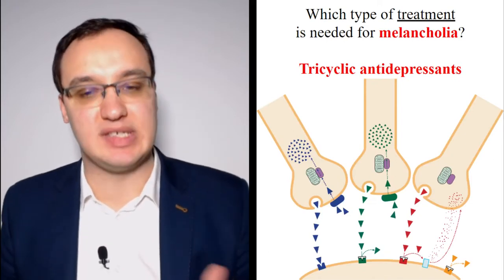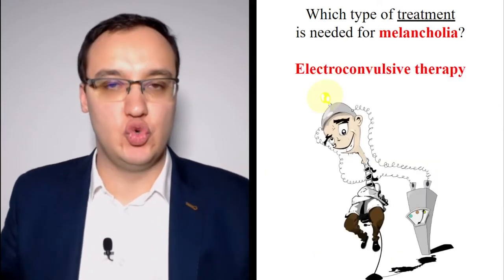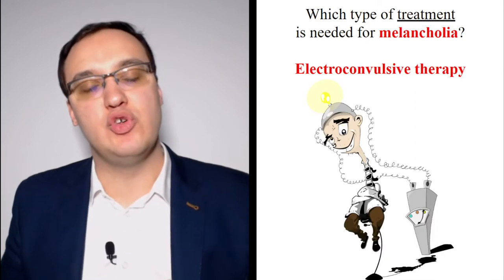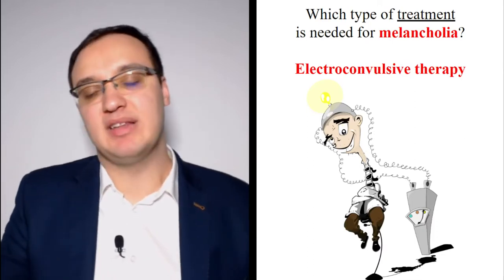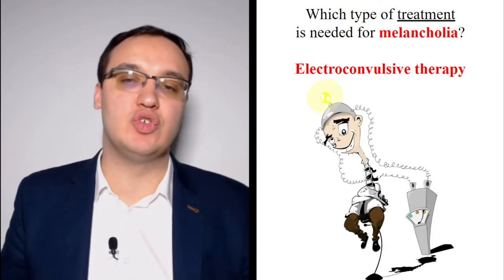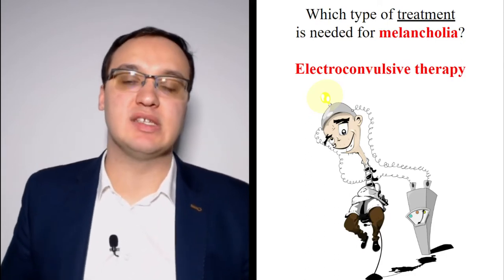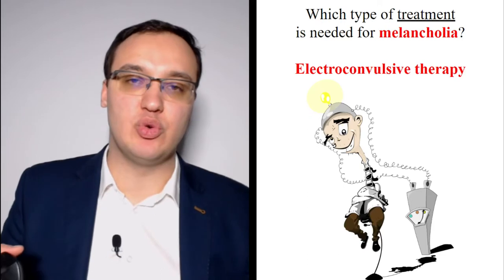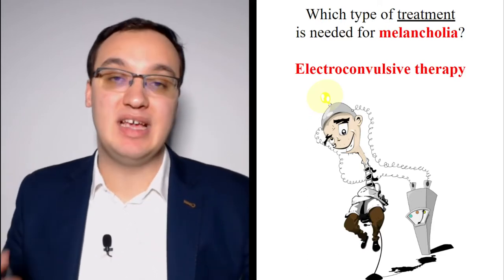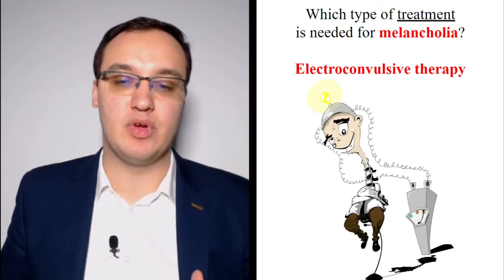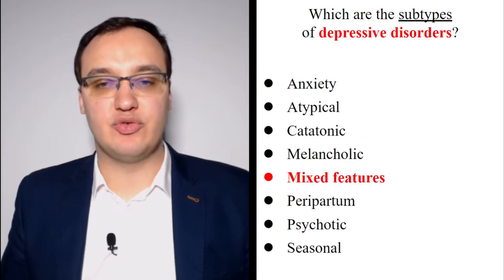It looks very scary and so on. It is used also nowadays. We usually use a medication nowadays, but electroconvulsive therapy can be used for severe depression or severe diseases. And in melancholia, it has been shown that it can actually make the patient feel better. Okay? So these are the treatments.